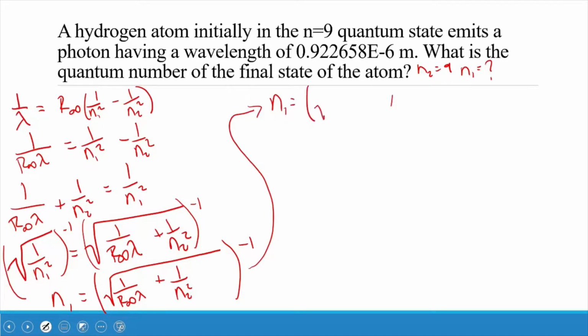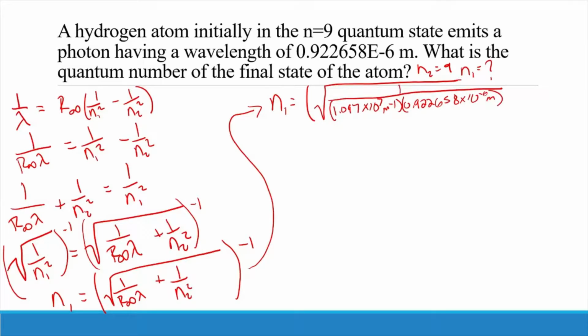First things first, let's look at the inside of the square root. So that tells us we have 1 over R infinity, which is 1.097 times 10 to the 7th inverse meters, times our lambda, which is 0.922658 times 10 to the negative 6 meters.